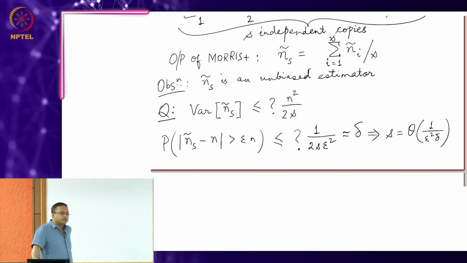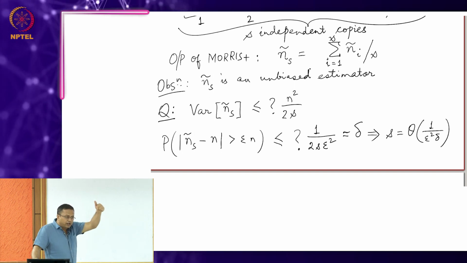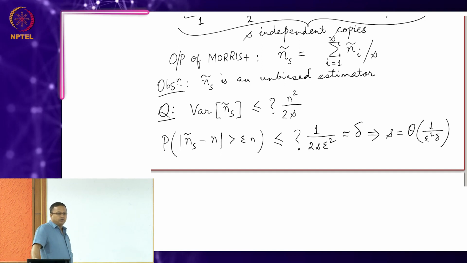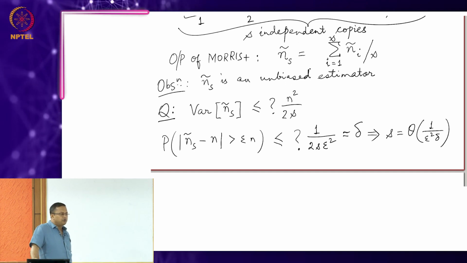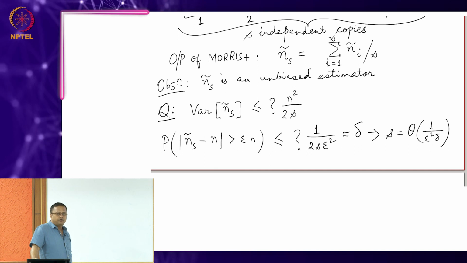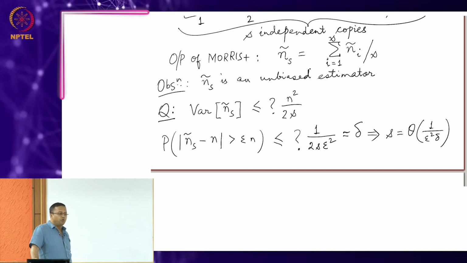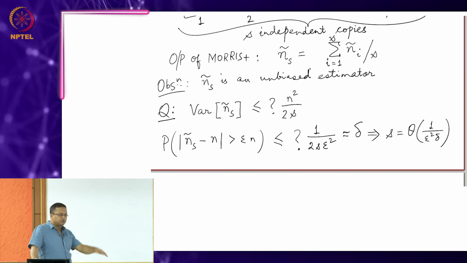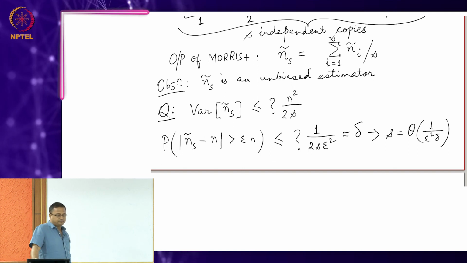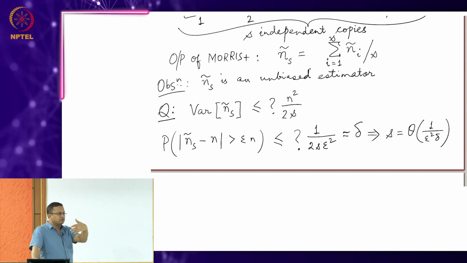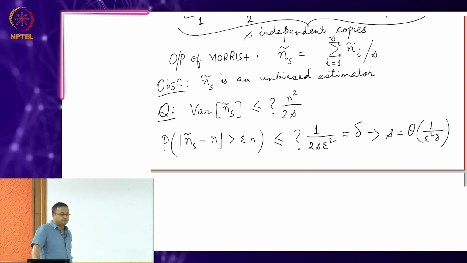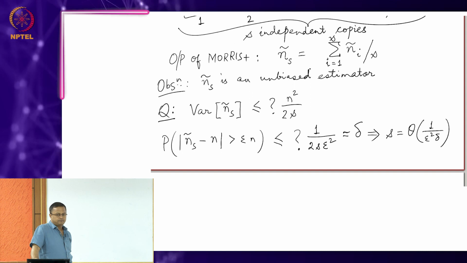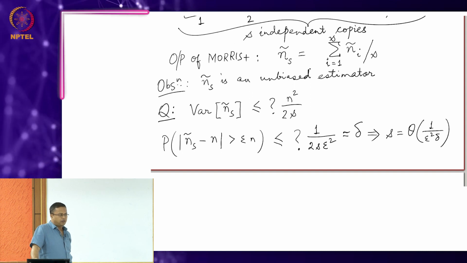Now see what is happening, the input error probability term is dictating the number of instances of Morris that you would run, hence the space. Because you would store all these values and then compute the average. Done?